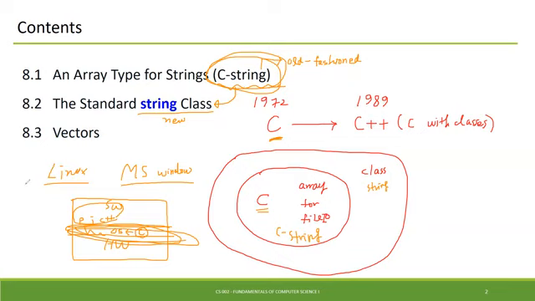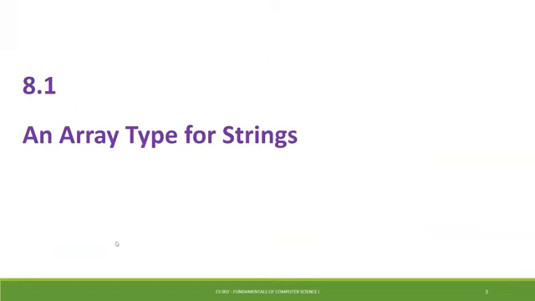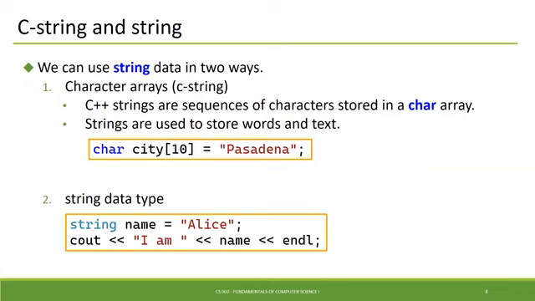Then let's start C string. I told you that C string is a little bit more complicated than string. The array type of string is called C string. Look at this one. There are two types of string: one is C string and the other is just a string.